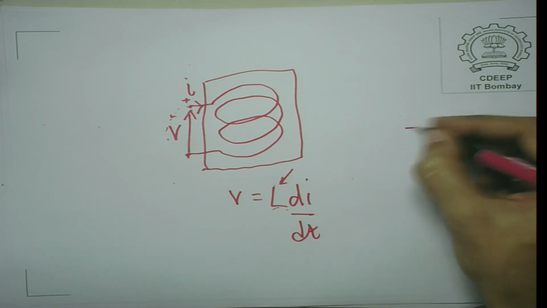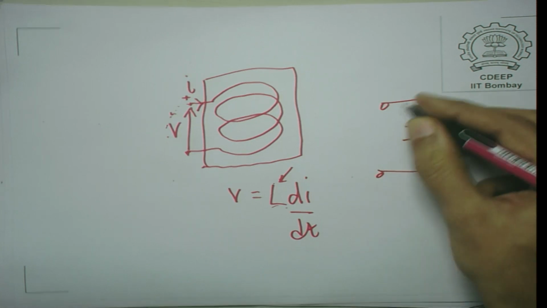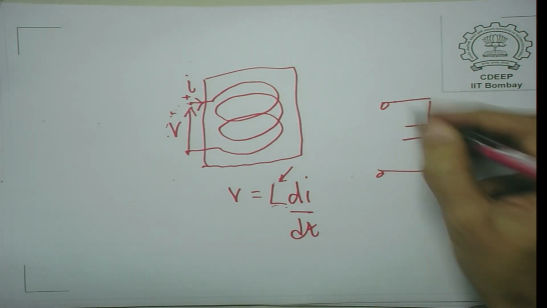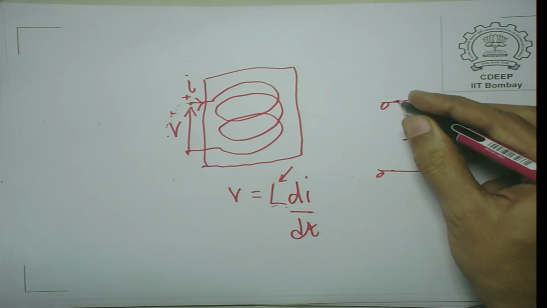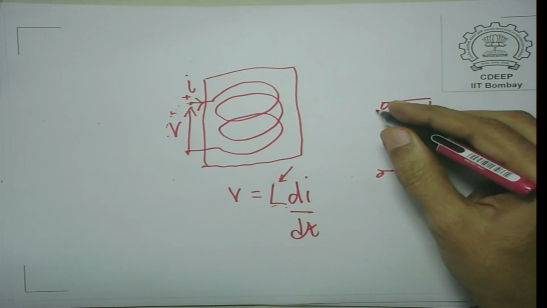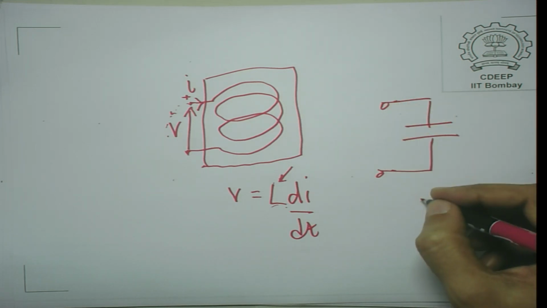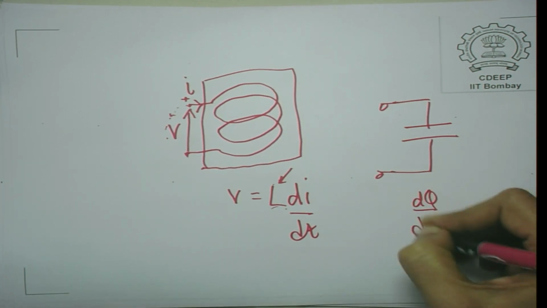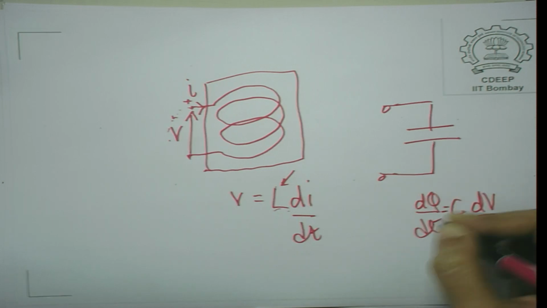We also saw for a capacitor the voltage drop, that is the voltage potential of this point with respect to this point, or E dot dl integrated from this point to this point, is in fact equal to, rather dq by dt is equal to C dV by dt, and this is called a current.